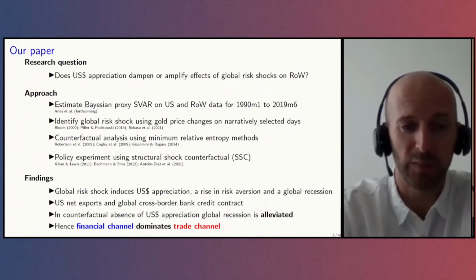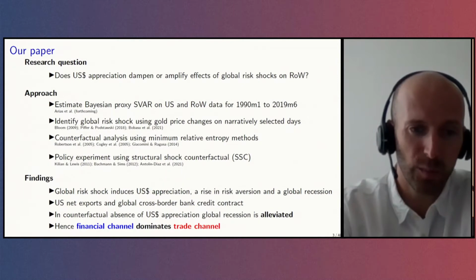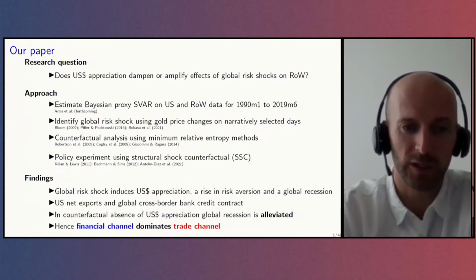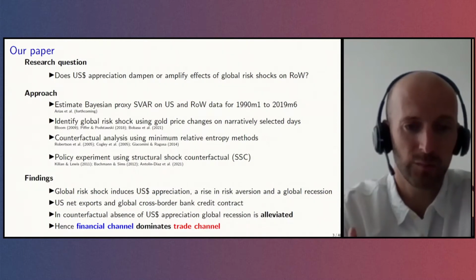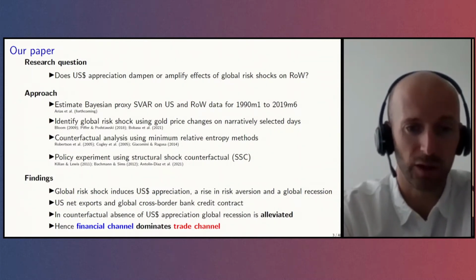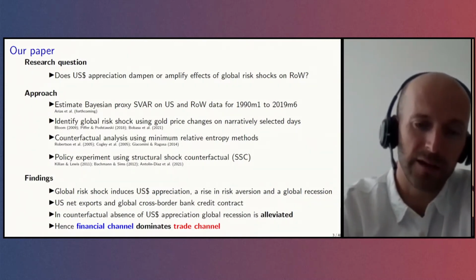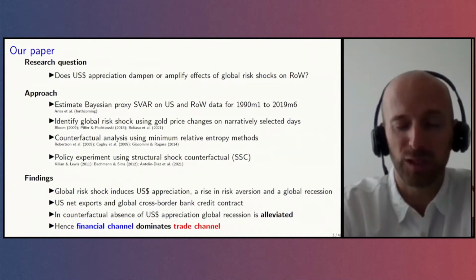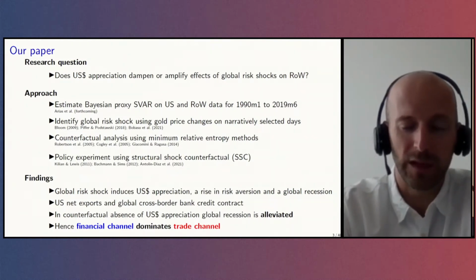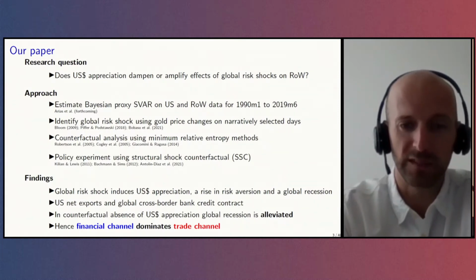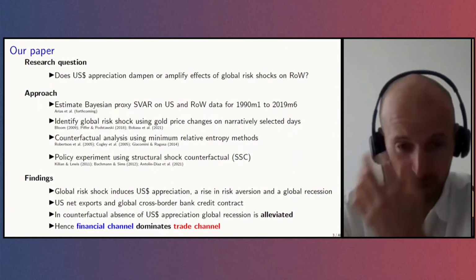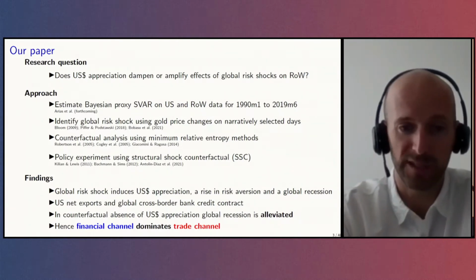This is reflected by a decline in US exports and US imports, which, however, add up to a decline in US net exports, consistent with the trade channel, predicated on expenditure switching as the dollar appreciates. And on the other hand, there is evidence that global cross-border bank credit contracts when the dollar appreciates in the face of global risk shocks. And that, again, is predicated on financial frictions and the currency mismatches on rest of the world borrowers' balance sheets, their foreign currency exposures.